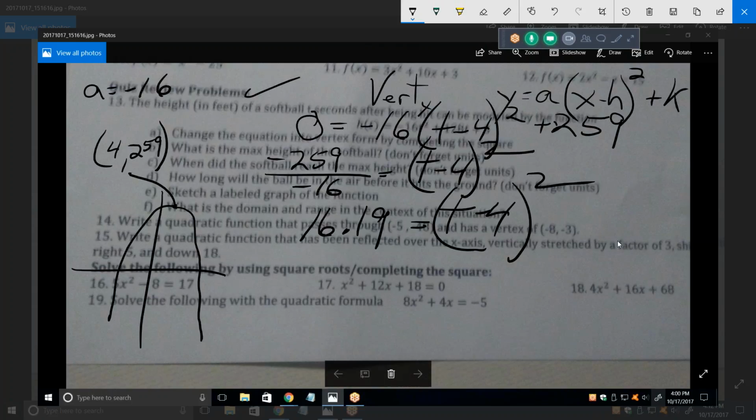So always begin your answer with the words plus or minus when you are solving an equation by taking the square root of both sides. So plus or minus the square root of 16.19. Let's convert it to a decimal just because they are insistent on leaving stuff fractional. So it's 4.09, and that's equal to t minus 4.